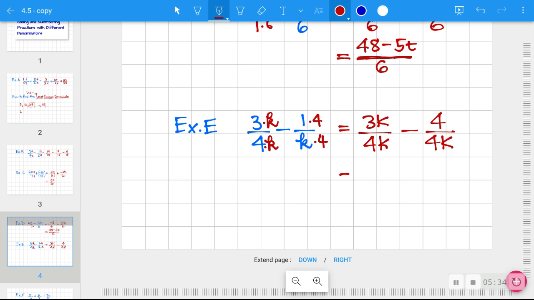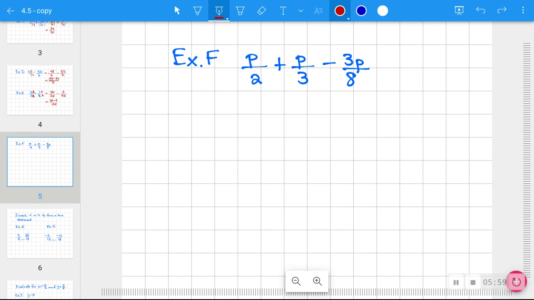So we're ready to make a common denominator out of this. 4k is our common denominator. And across the top, we can't do anything about the fact that one has a variable and the other doesn't. So we just write it as 3k minus 4 and we're done. And once again, I'll caution you not to cancel next to a minus sign. So this would mess up your problem if you did that. You just have to leave it like that.